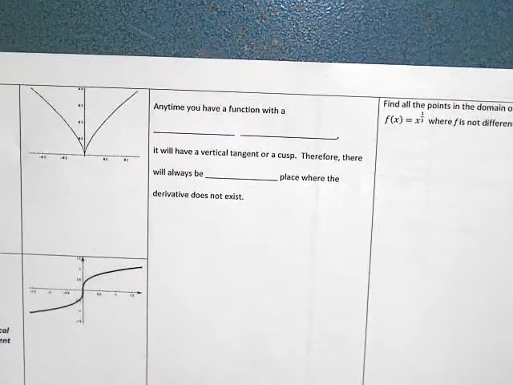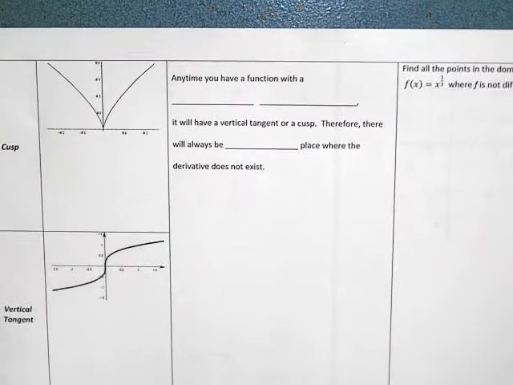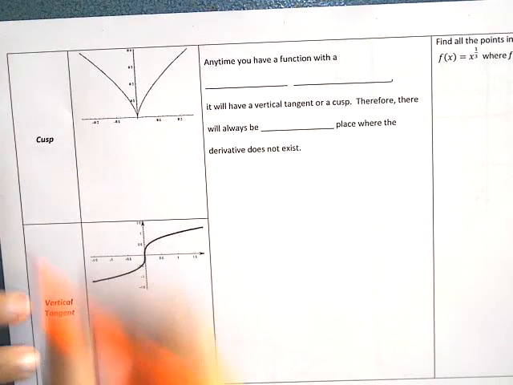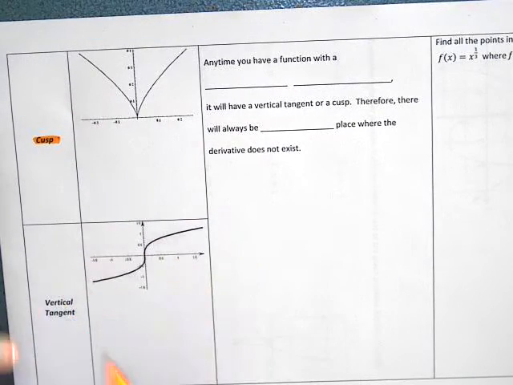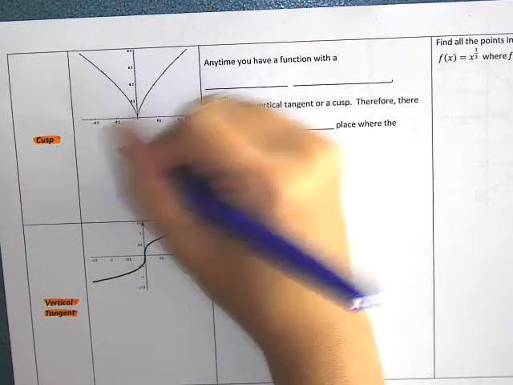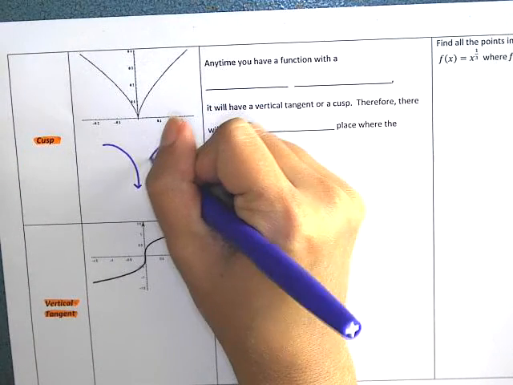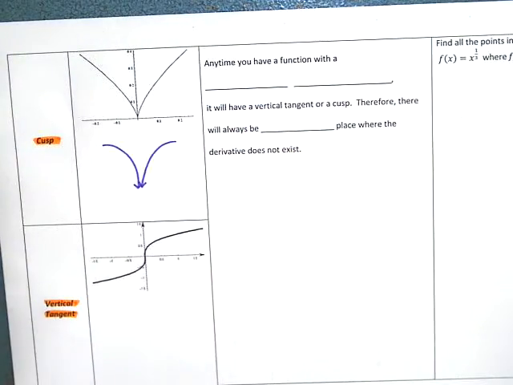On the next page, we have two more types of situations where you might have a derivative that doesn't exist. The first type of situation is what's called a cusp. The second situation is what's called a vertical tangent. So let's look at a cusp. Visually, what's happening here is that if I draw it really dramatically, these are angling down towards negative infinity on both sides.